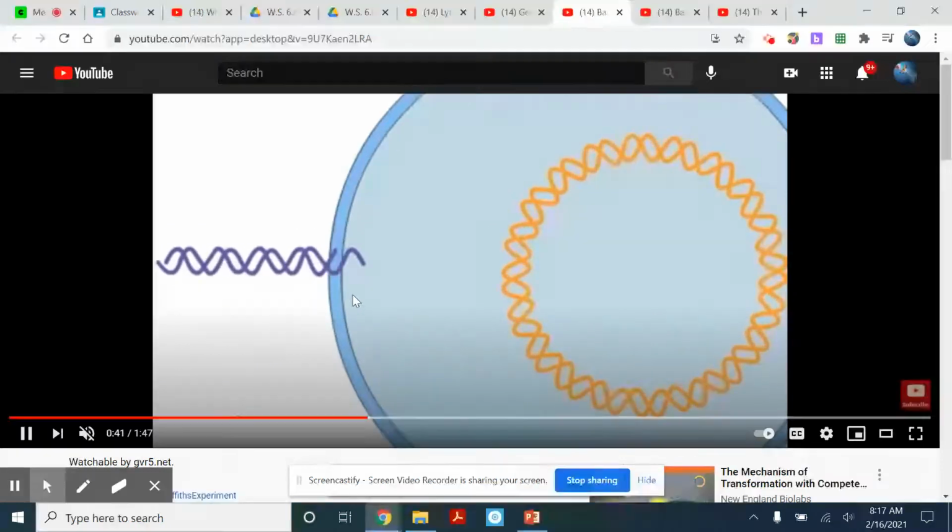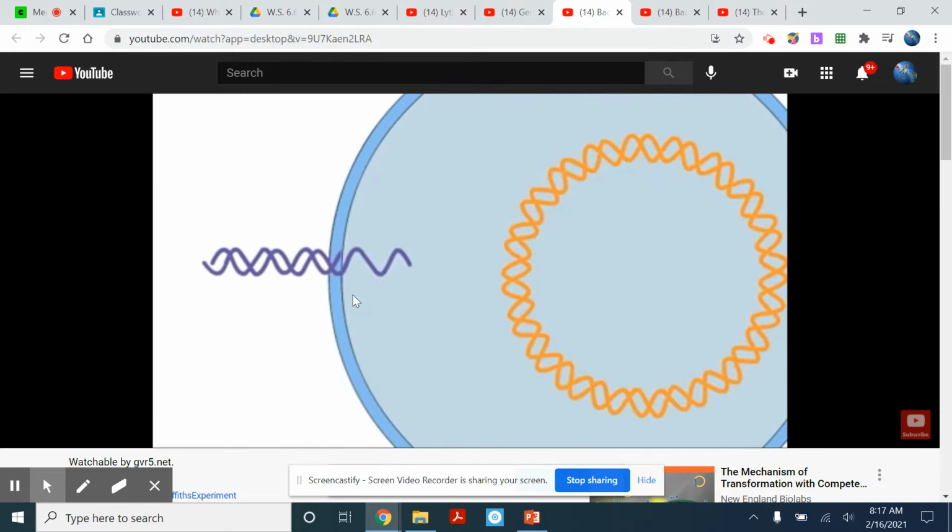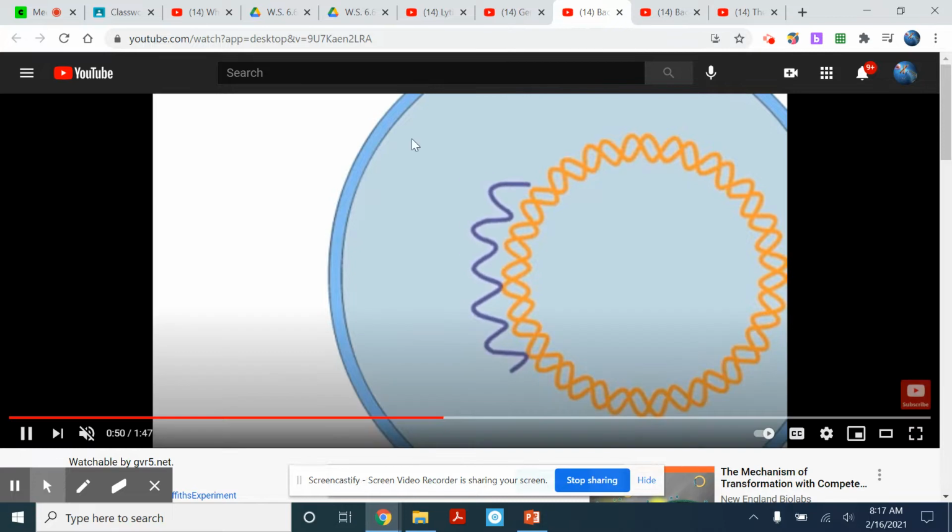So this right here, this is transformation. Bacteria have the ability to take in DNA that's in the environment. And so now this bacteria cell has new traits. It can make new proteins. In this case, it can make proteins that were deadly to the mice. Okay, so that's what transformation is.